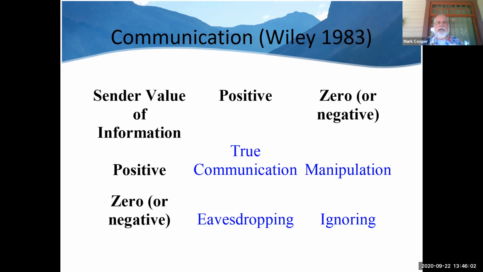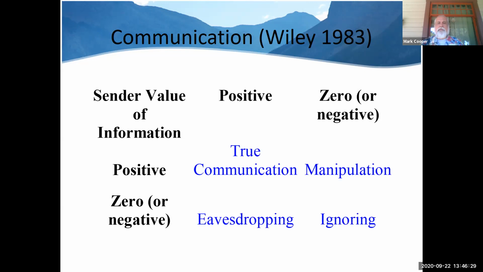The other one, he has a positive and zero or negative. It's eavesdropping. In other words, somebody's putting a signal out there, and somebody is benefiting from it on the other side. Somebody's getting something positive from it, and the sender actually probably does not know, and then that could be either no real effect on that individual, or it could be detrimental.